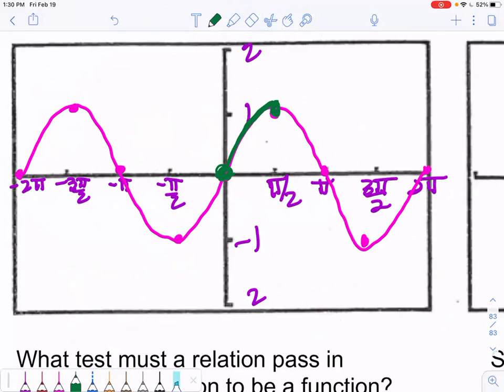So from 0 to pi over 2, that piece there would pass the horizontal line test. But I could still have more to the inverse, because if I go back to 0 and continue in the negative direction, I can get more of the graph by continuing down to -1 or negative pi over 2.